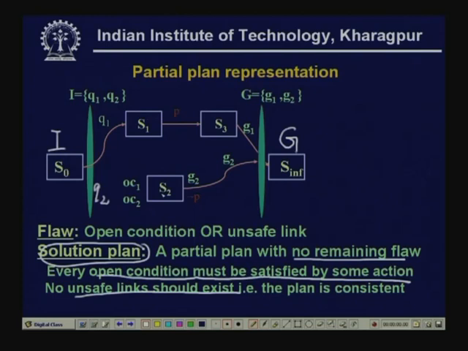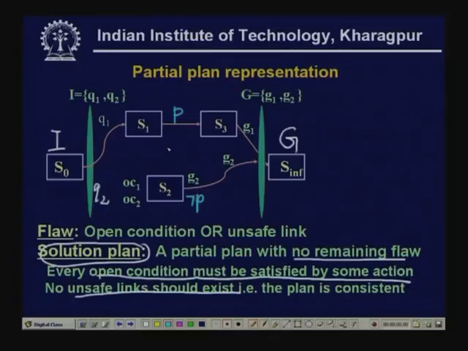Also, suppose S2 achieves G2 for S-inf, and now suppose S2 has an effect of not P, that is, S2 deletes P, and S1 achieves P for S3. Can you tell me if there are any flaws in the plan?